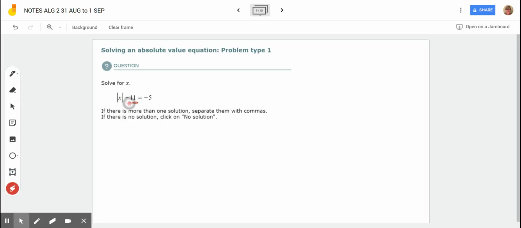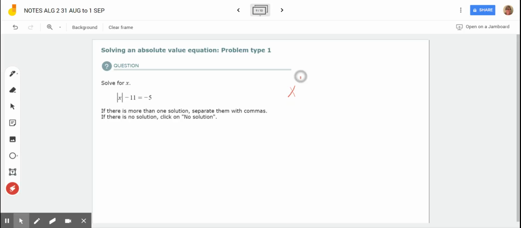Notice the -11 is not inside the absolute value. You can operate on the inside of the absolute value with stuff on the outside. Think of the absolute value as kind of like parentheses. They're not parentheses, but they are grouping symbols, and they fall under that whole area in PEMDAS. So we've got to isolate it first.